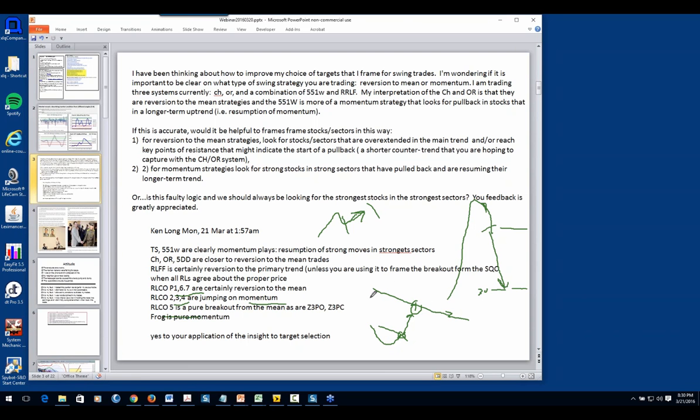Now, RLCO5, the sideways quiet channel, and the Z3PO and the Z3PC, those are just special forms of the sideways quiet channel. And so what that looks for is volatility. The Bollinger Bands have pinched, and then we have price stuck in the middle, along with the RS10, the RS9, the RL30.